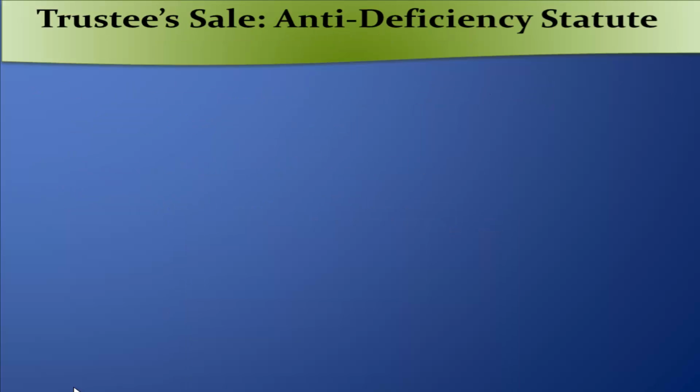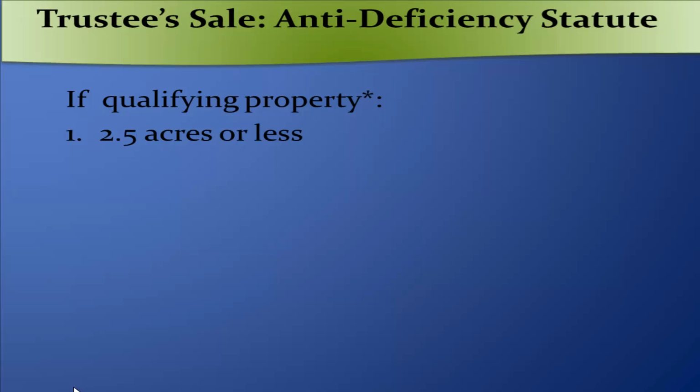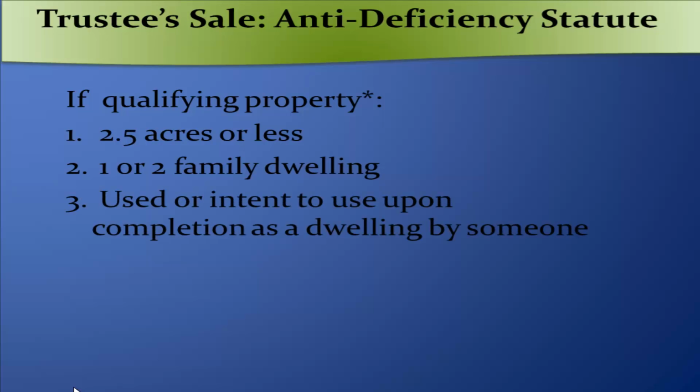If it's a trustee sale, if the property is qualifying property, it's 2.5 acres or less, a 1 or 2 family dwelling, and the property is used or the borrower intends to use the property as a dwelling upon completion by someone.